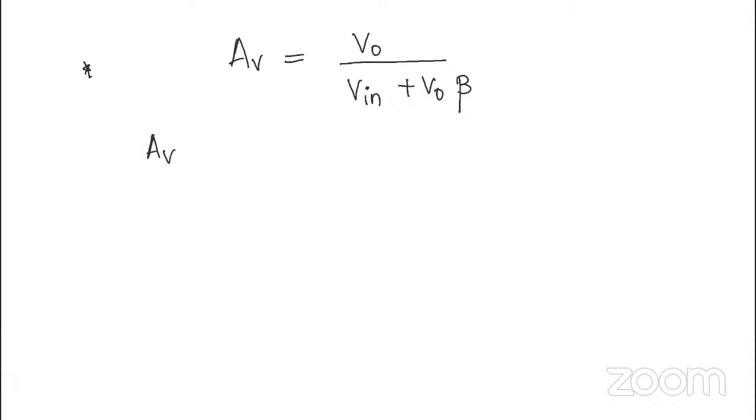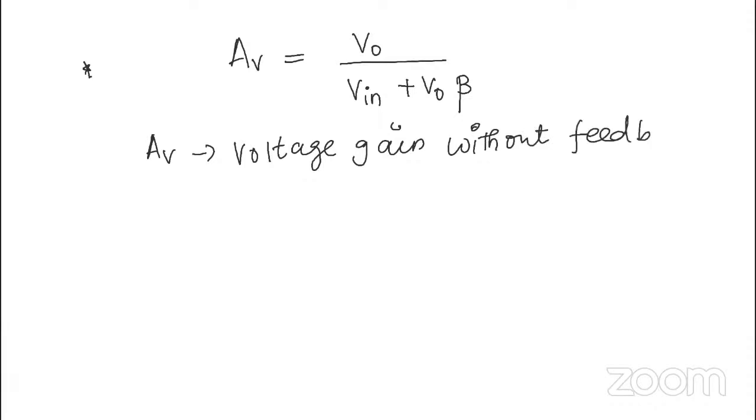AV represents voltage gain, as we know. We use this formula when there is no feedback.